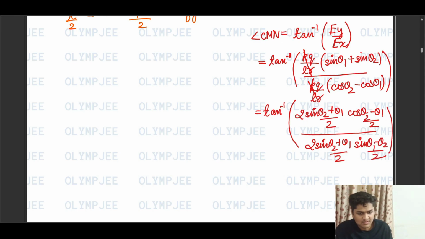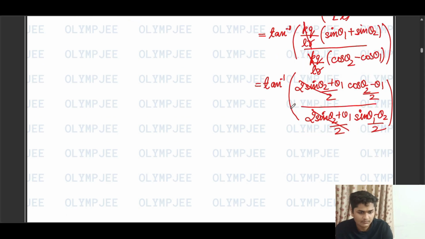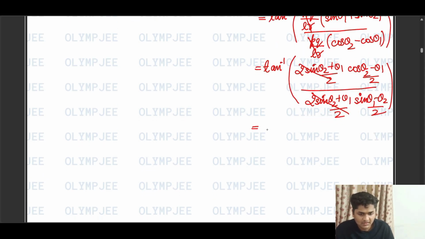So 2 sine theta 1 plus theta 2 by 2 is common, so cancel it out. You will be left with tan inverse cot theta 1 minus theta 2 by 2, because you can take the negative, and cos of negative theta is also cos theta.